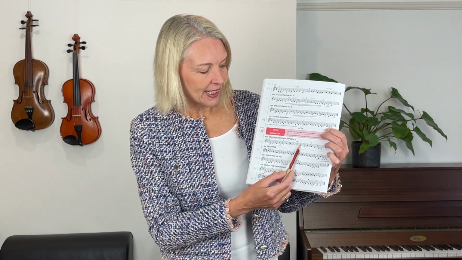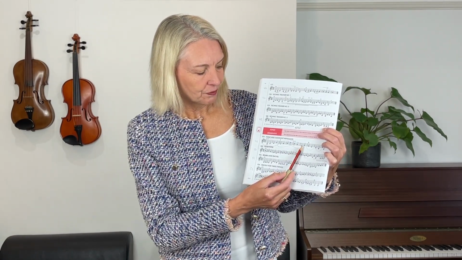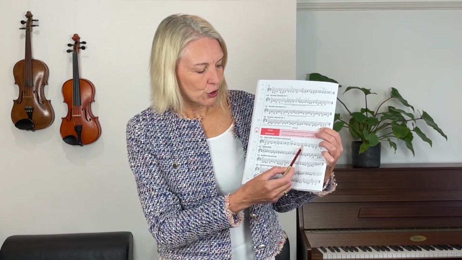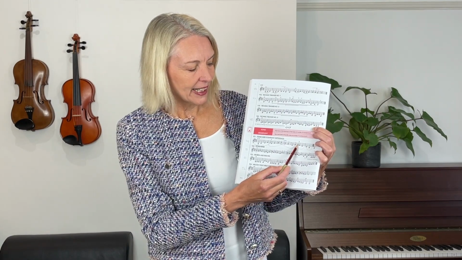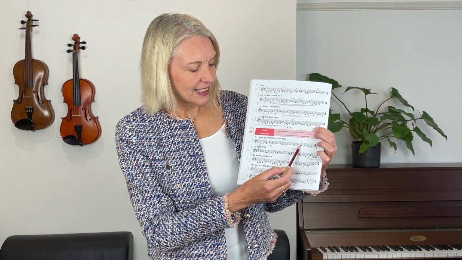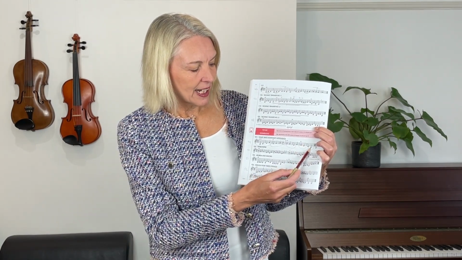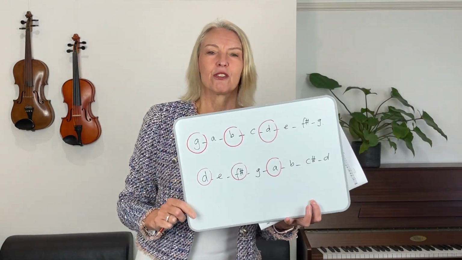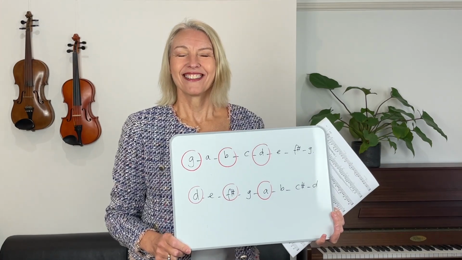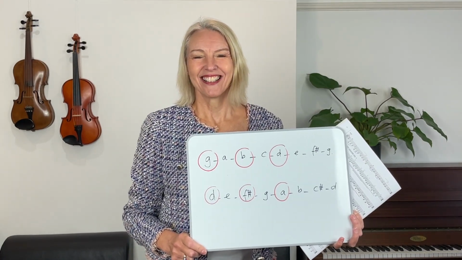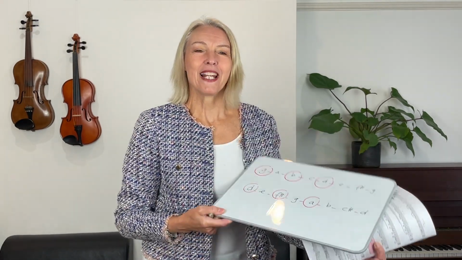D, B, G, D. And actually this G should go with that as well. And then here we can go back again, F sharp, D, A. And if I show you this as well, we know that D, F sharp, A was the D major arpeggio, wasn't it?